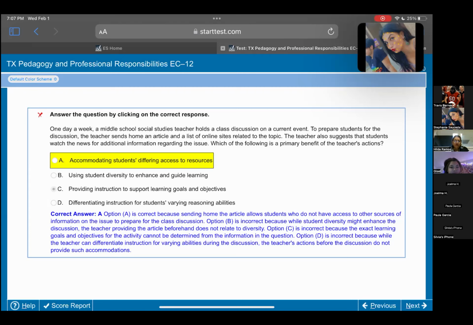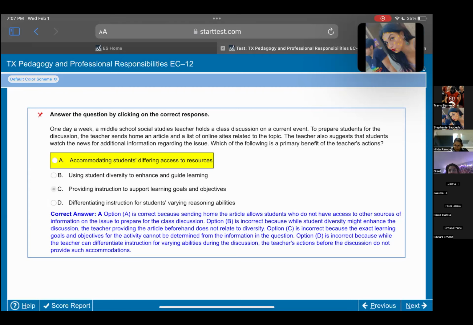So this teacher is differentiating in a way, because she is providing different ways for students to prepare. You can read this paper article that I sent home, or you have the internet. You don't have to read my article.